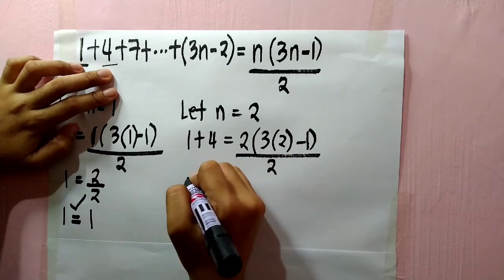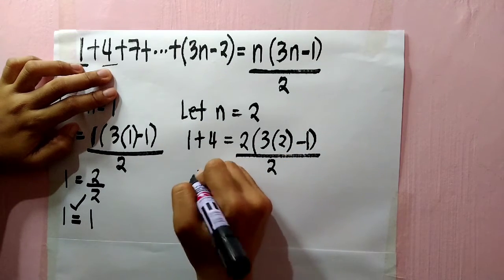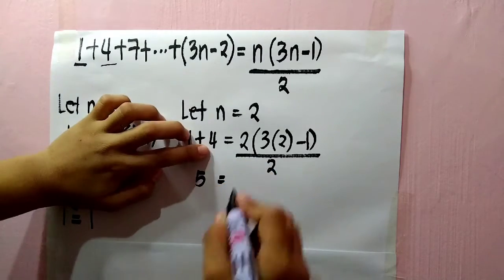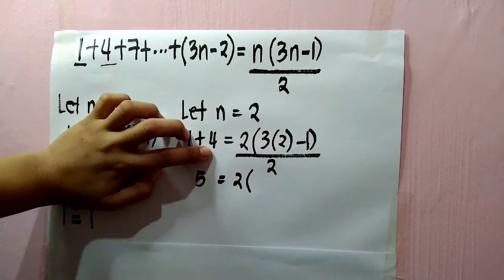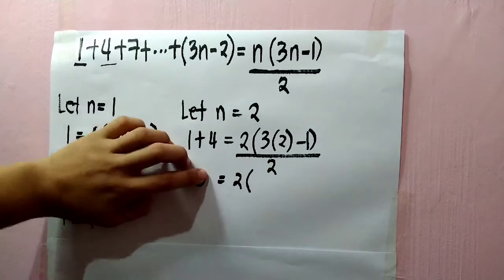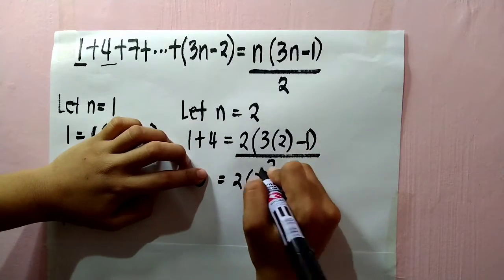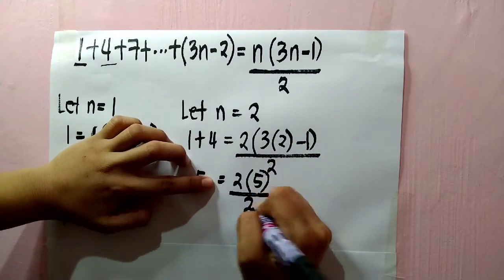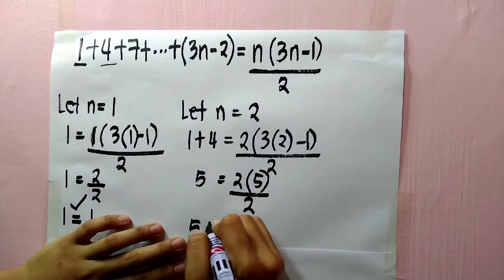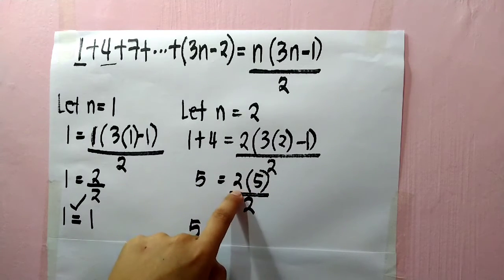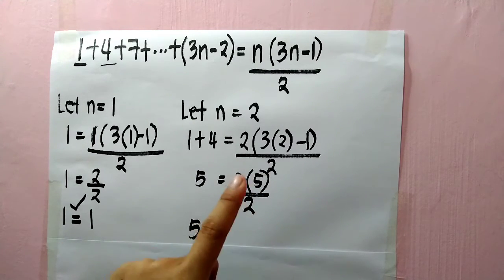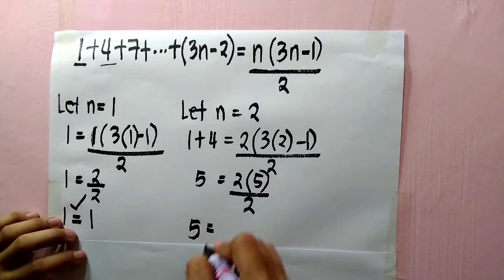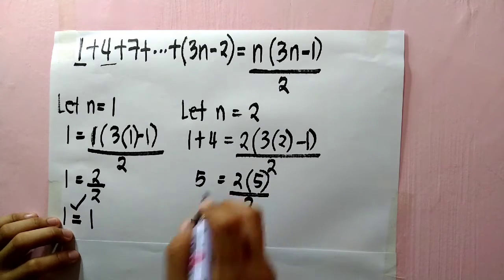So 1 plus 4 is equal to 5. And 3 times 2 is 6, minus 1 equals 5, so 2 times 5 over 2. 5 times 2 is 10, divided by 2 is equal to 5. So the second statement is true.